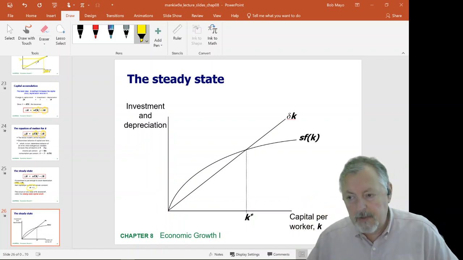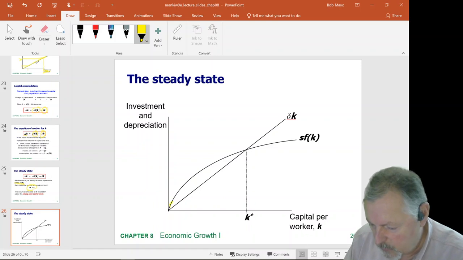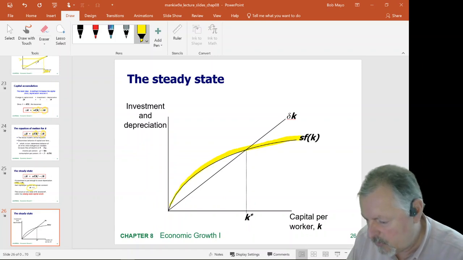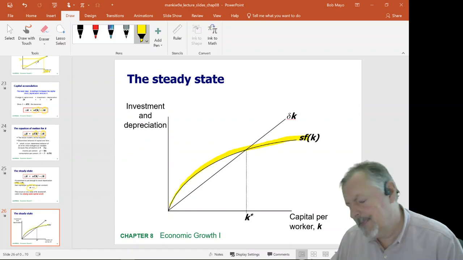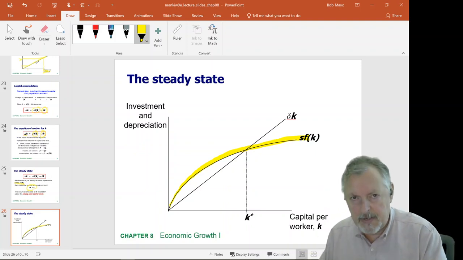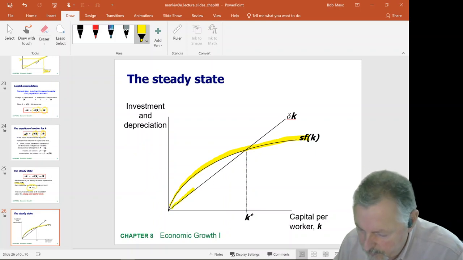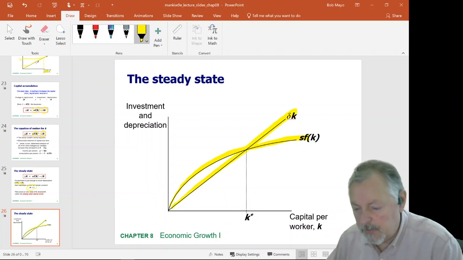You put both graphs, you plot them both at the same time. This is the rate at which capital is accumulating. I'm sorry, this is the amount of capital that you are adding in each time period. This is the amount of capital you're losing.